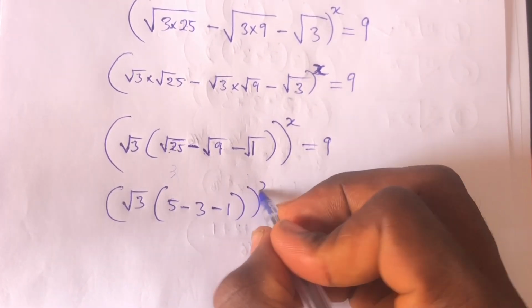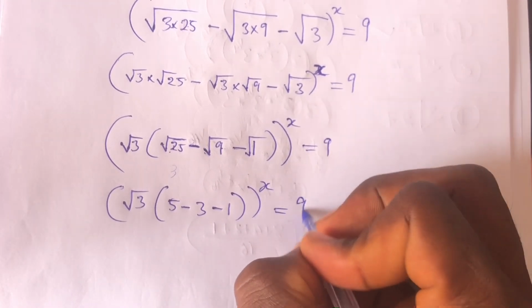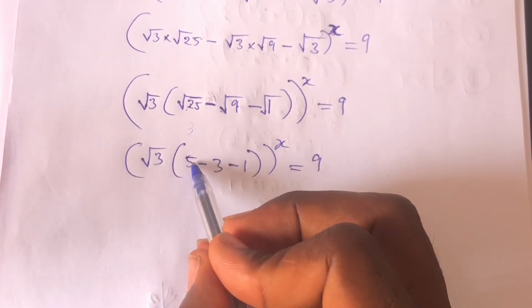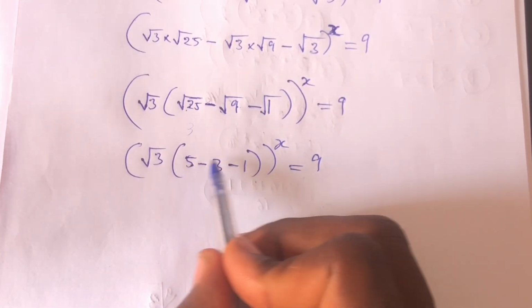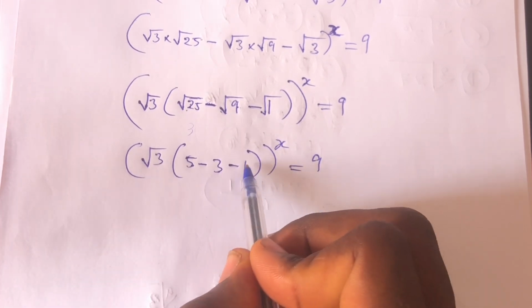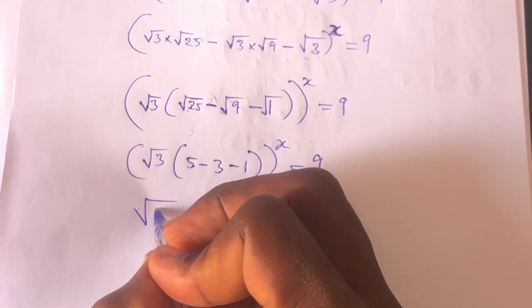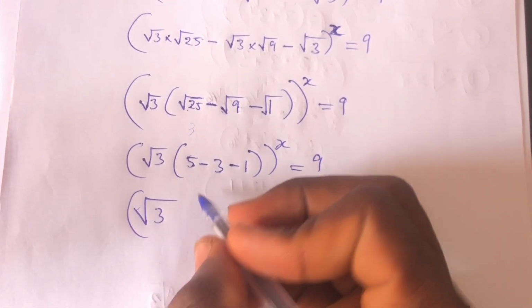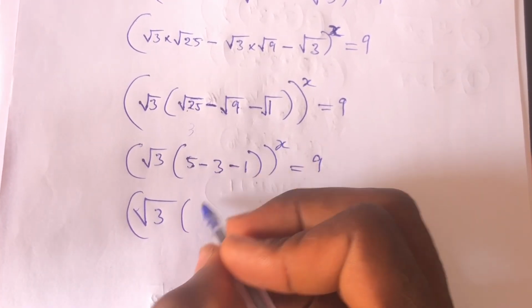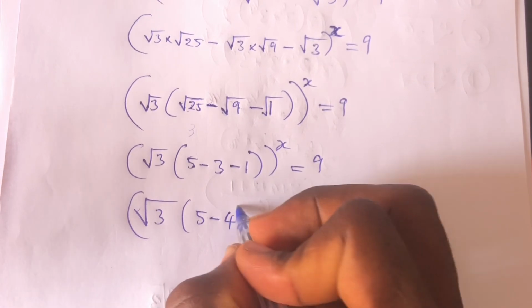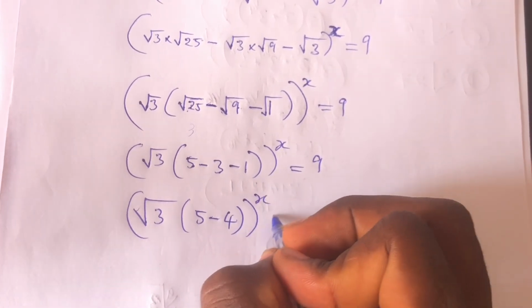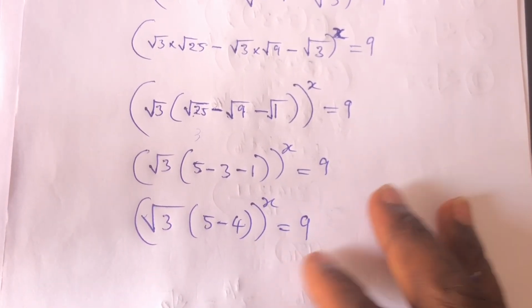So everything raised to the power x is equal to 9. So 5 minus 3 minus 1 is the same thing as square root of 3 into 5 minus 4. Everything raised to the power x is equal to 9.